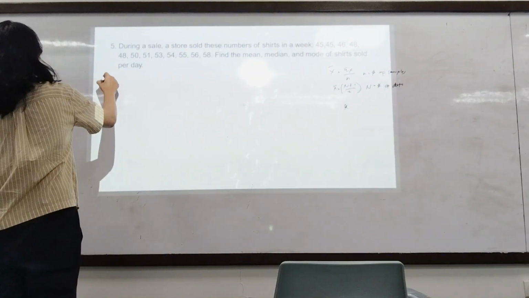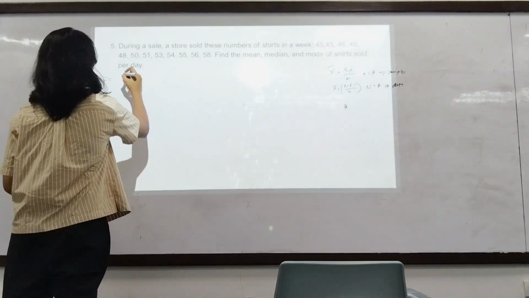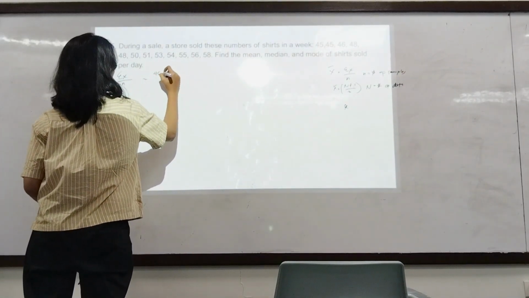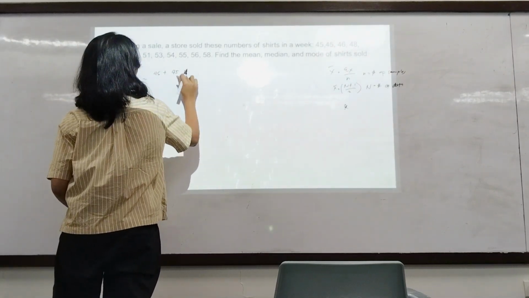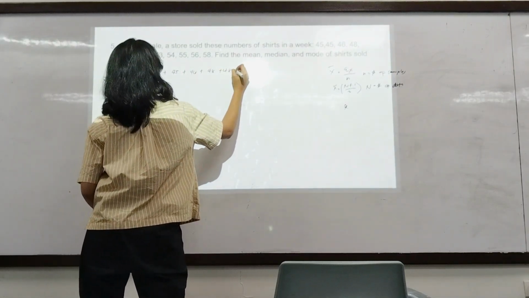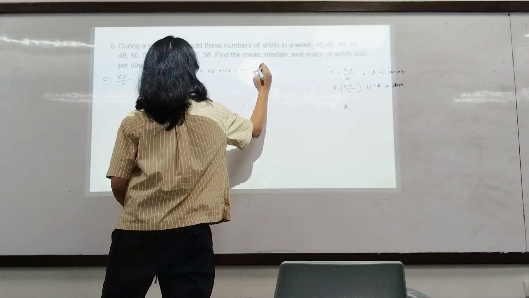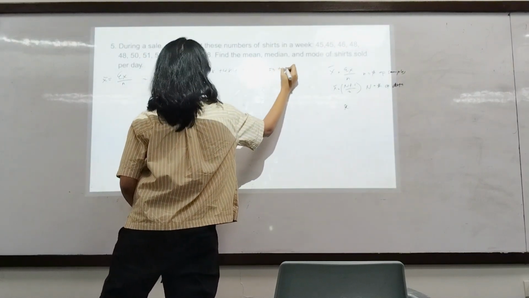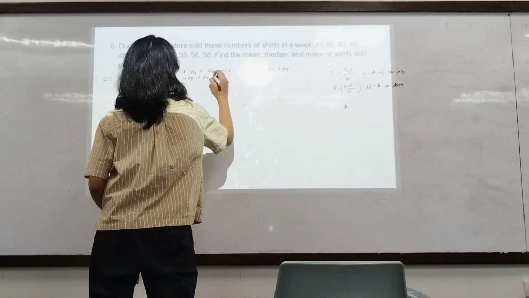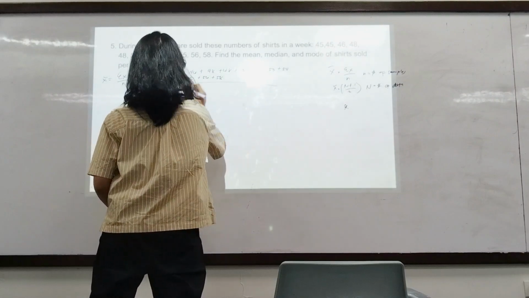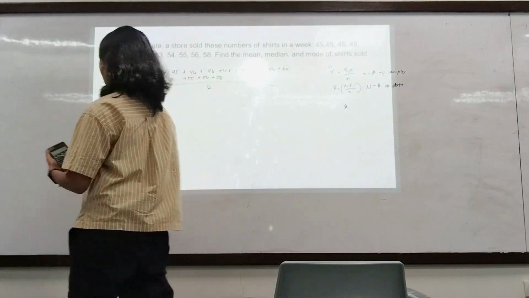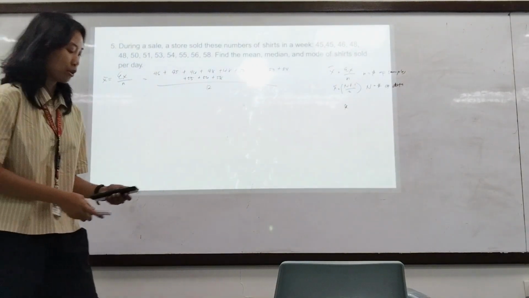We're gonna start again. Summation of x over n. We're gonna substitute it into 45 plus 45 plus 46 plus 48 plus 48 plus 50 plus 51 plus 53 plus 54 plus 55 plus 56 plus 58, over 1, 2, 3, 4, 5, 6, 7, 8, 9, 10, 11, 12, number of samples.